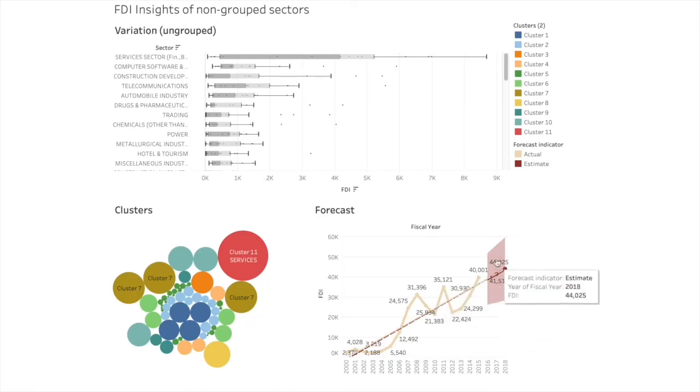We made a forecast into 2017, 2018, and it's been estimated that in the year 2018 there will be an FDI of 44,025 recorded. So this is the dashboard that I created for the data set that I got.